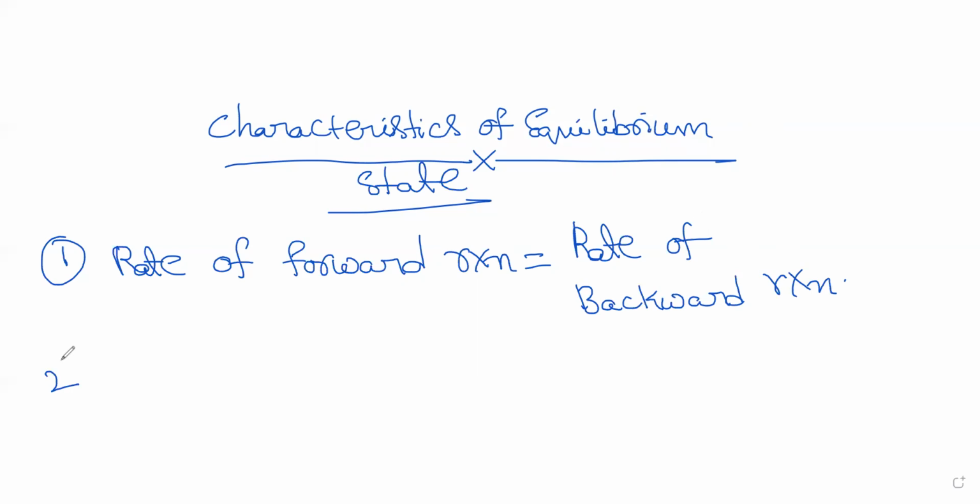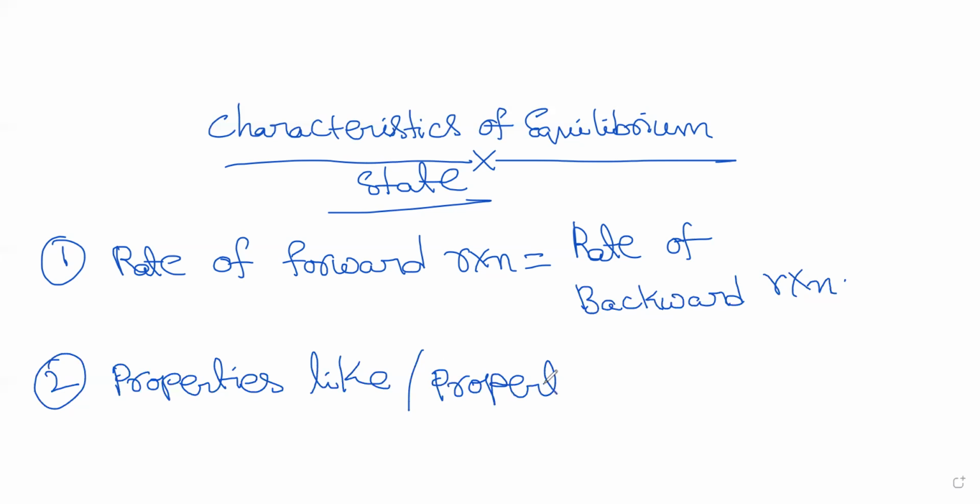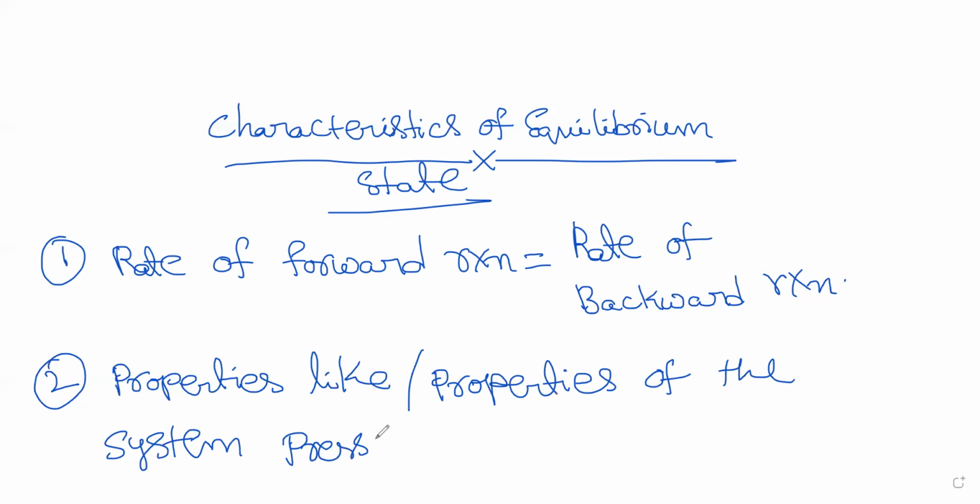And the properties of the system we have considered. What are the properties of the system? They are like pressure, concentration, density, color.